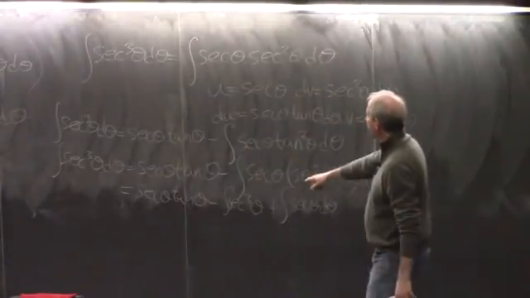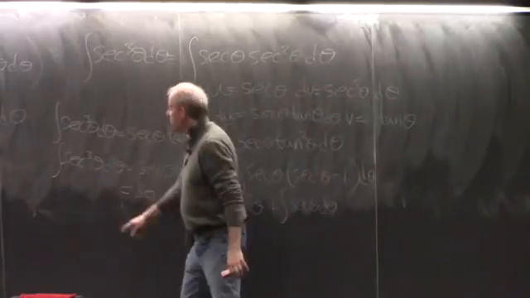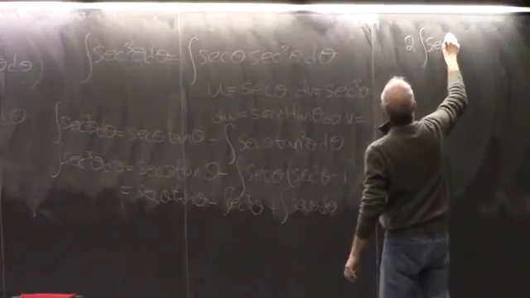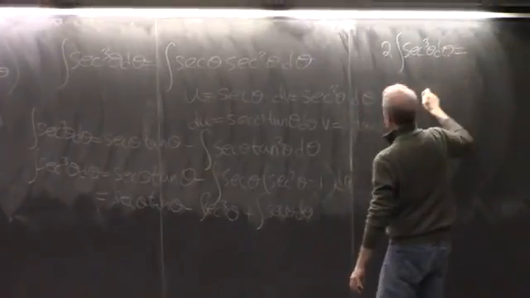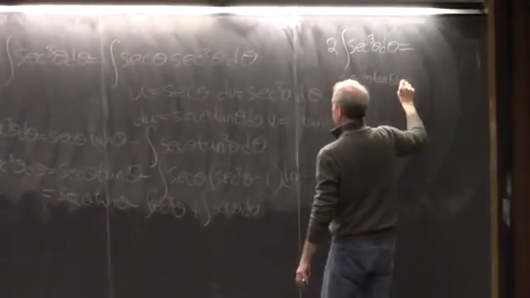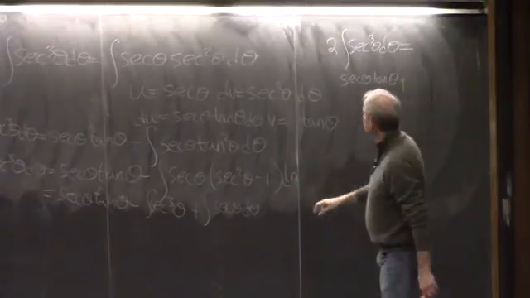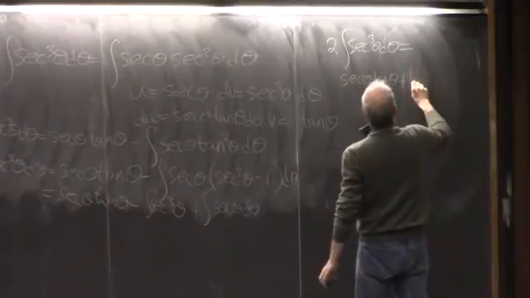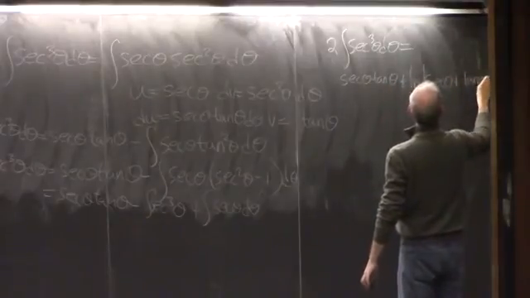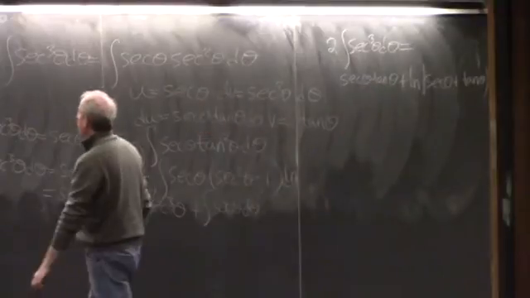And notice I've got the minus secant cubed here and the secant cubed there, so I can add it to the other side and I'll get 2 times the integral of secant cubed theta d theta equals secant theta tan theta plus the integral of secant theta, which is log of secant theta plus tan theta plus constant. And the whole thing's multiplied by a third. So this becomes 1/3. Got to divide that by 2.